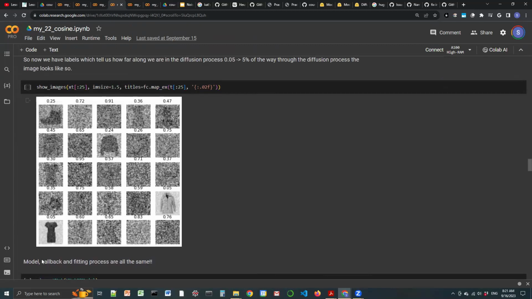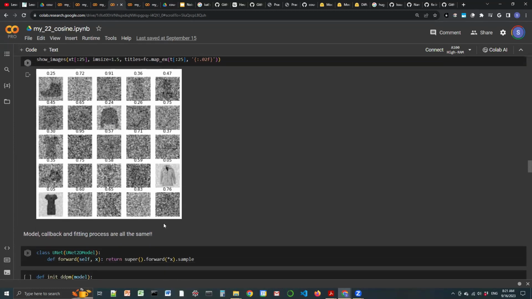So this is an interesting image, because you can now see, as you add noise, where you end up with the images, with what fraction of the forward diffusion process you're through. So when it's about 60%, you can see how much noise there is. The underlying image is obviously different for each image in the batch.